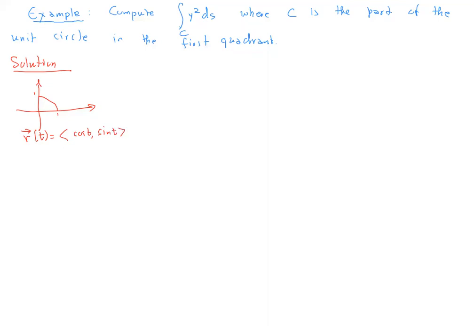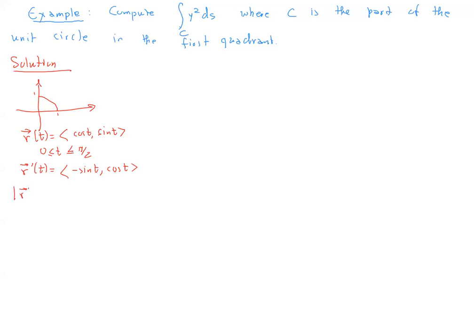And of course, the domain of the parameterization becomes important. So this is from 0 to pi over 2. And we will also need the speed, right? So we have r prime of t is equal to negative sine t comma cosine t.